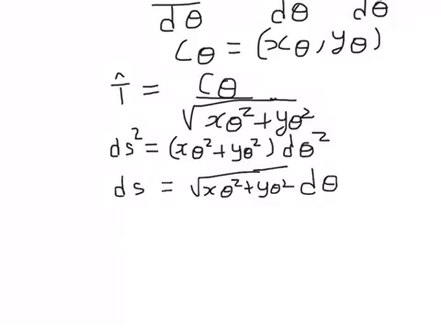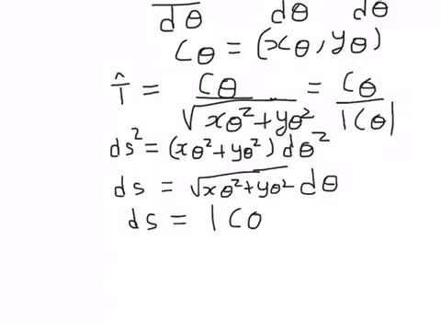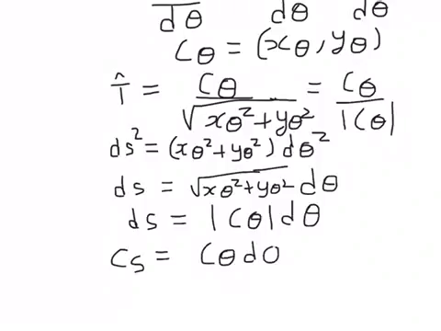Now if we come back to this equation, this can also be represented as C theta upon the magnitude of C theta, and this is basically saying ds is equal to the magnitude of C theta times d theta. Now if we differentiate our curve with respect to the arc length, so if we do C s, that can be given as C theta d theta by ds.